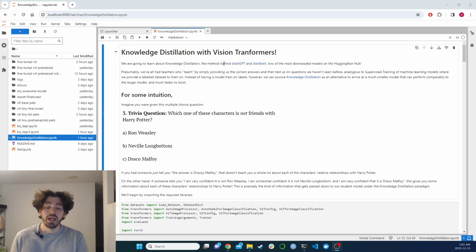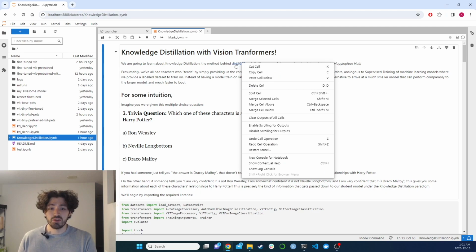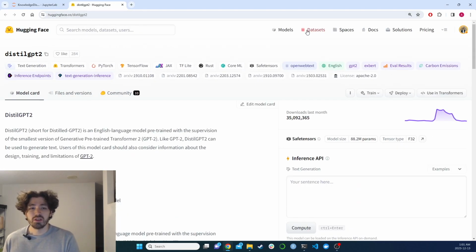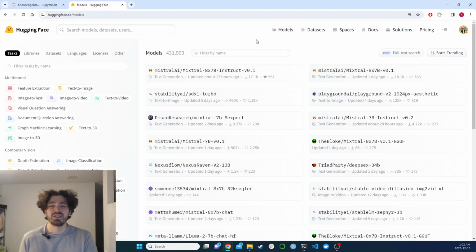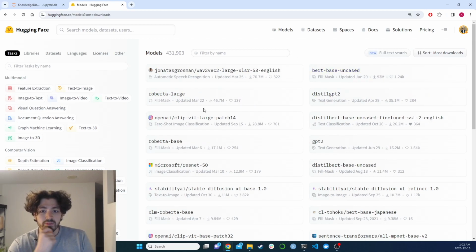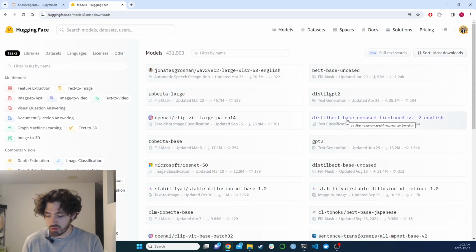And what we've seen over the last few years since it came out is that it's led to two of the most downloaded models on Hugging Face's hub. If we sort by most downloads, you can see that we have DistilBERT, which is a very, very good model for many NLP tasks. In fact, it is sometimes my baseline whenever I'm doing a Kaggle competition.